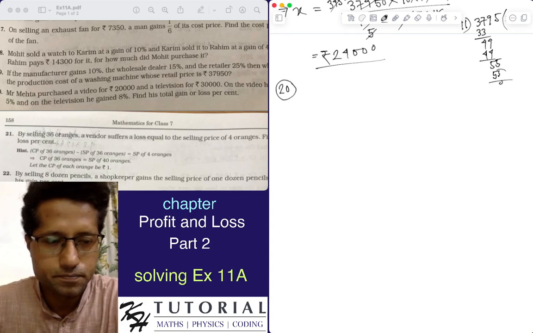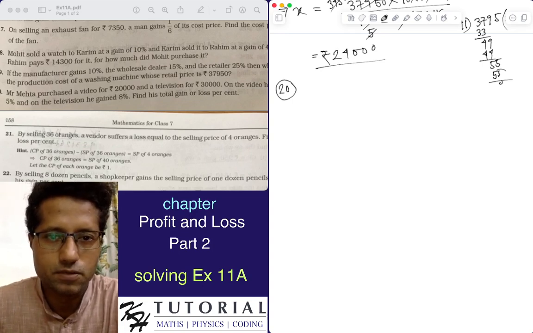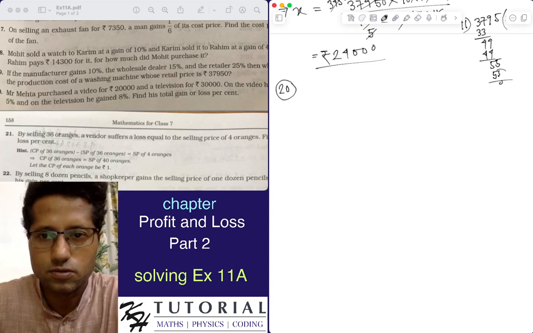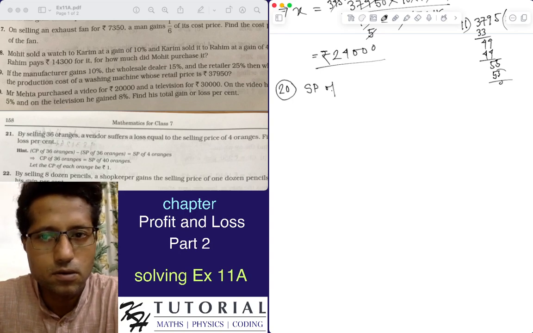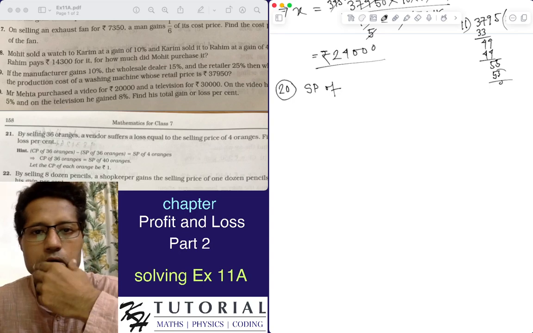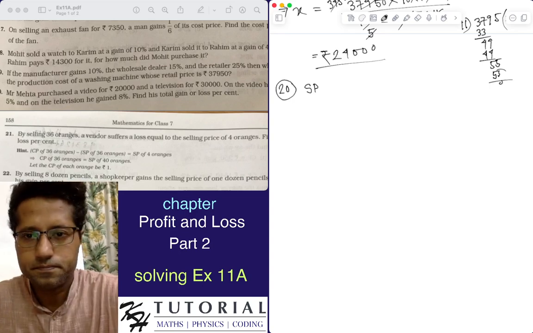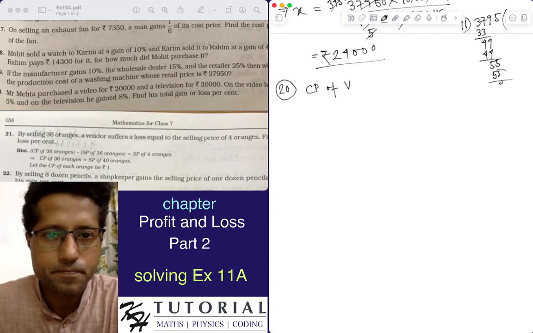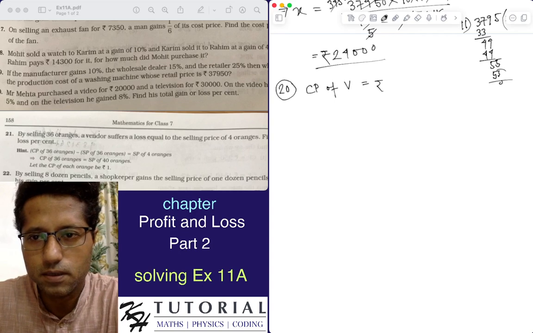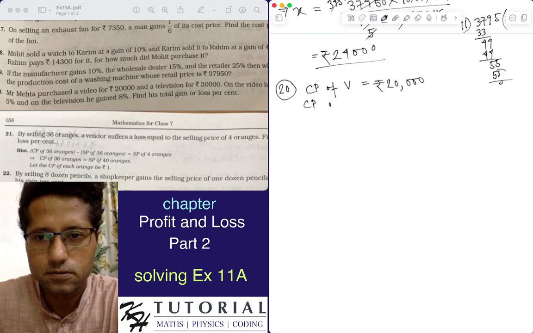Okay. So Mr. Mehta purchased a video for rupees 20,000 and a television for rupees 30,000. It is given that the cost price of the video, I am denoting with V, is given to be 20,000, and also the cost price of the television is given to be 30,000.